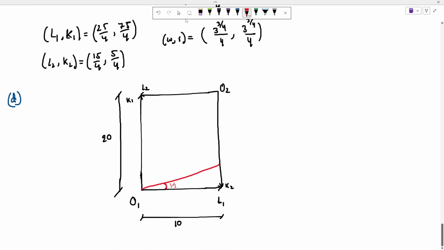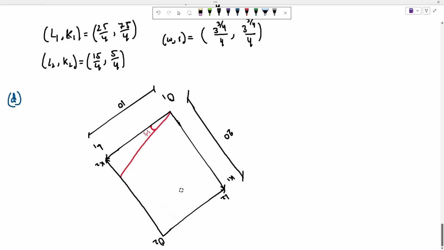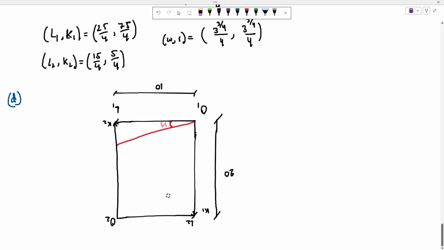So it is better if we do this, and it was 3, so it would be steeper than the 45-degree line, right?